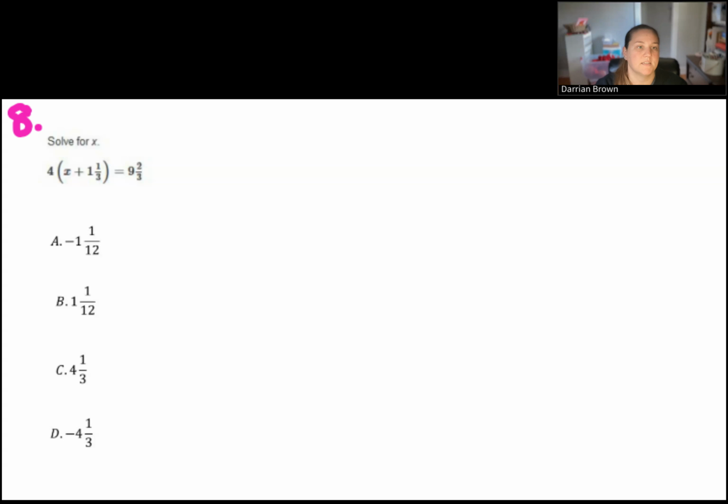Number 8 says, solve for x. 4 times x plus 1 1/3 equals 9 2/3. So we need to distribute this 4 to both numbers inside the parentheses. So 4 times x is easy. That gives us 4x. However, 4 times 1 1/3 is not a very nice looking problem.